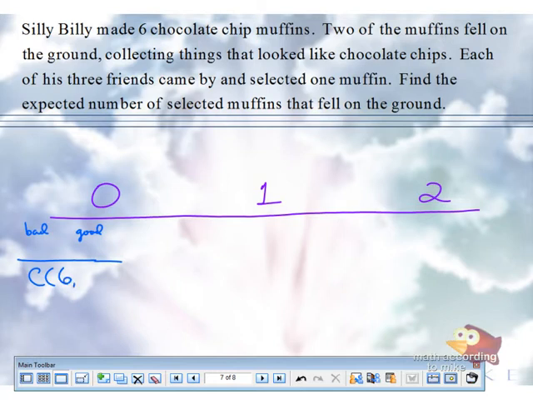Out of the 6 muffins, we're picking 3 of them, so that would be the denominator. The numerator will represent, we want 0 bad muffins and 3 good muffins. So out of the 2 bad muffins, we want none of them, and out of the 4 good muffins, we want 3 of them.